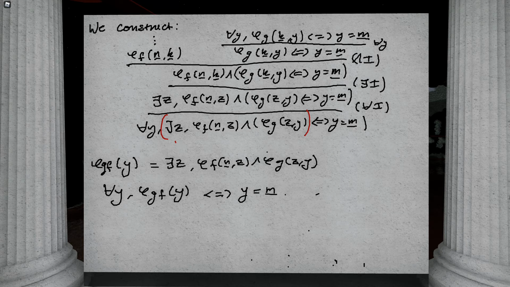Wait, you're at phi gfy? Shouldn't there be two input things? This is phi gf ny. Yeah, but n's a constant. Right, but like phi gf is a formula for which you substitute two terms. Yeah, and sure. So write it like that.